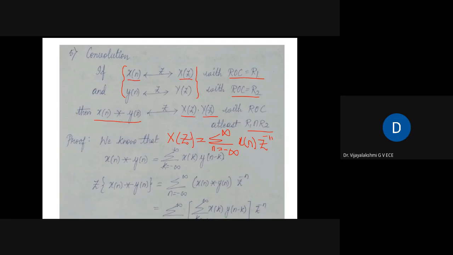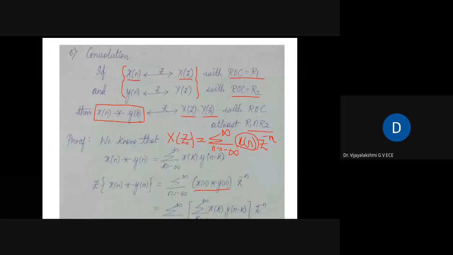Now this is the general definition of Z transform for any signal x of n. Now what I have to do? I have to take the Z transform of this convolved sequence. So here in place of x of n, I'll be writing this convolution.